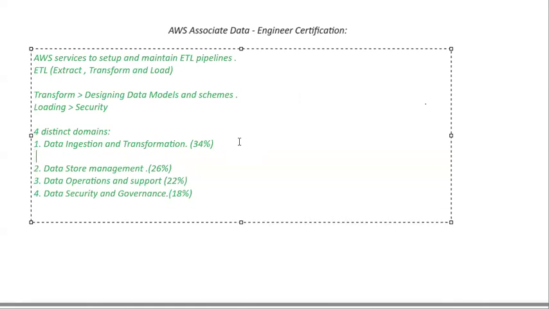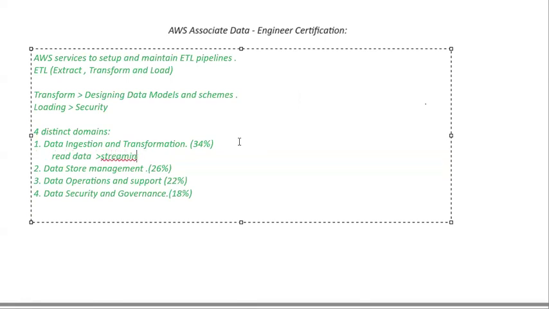If you see the first domain, that is data ingestion and transformation. In this, first you need to ingest data, so first you need to read data. Let's say your data is streaming data.